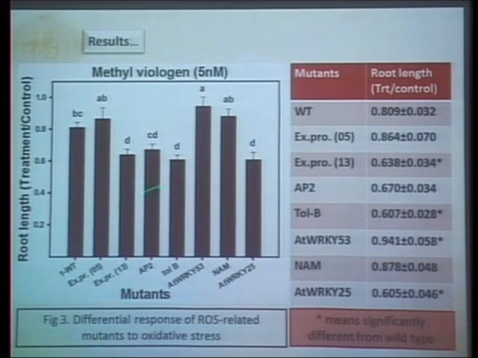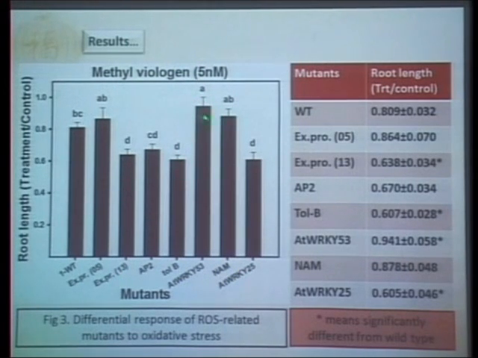So we can say that these two genes and this one transcription factor might be involved in providing resistance towards oxidative stress, whereas this ROCK25 mutant showed a slightly protective role against the oxidative stress.